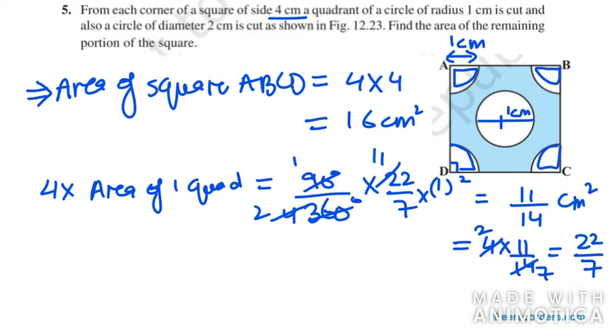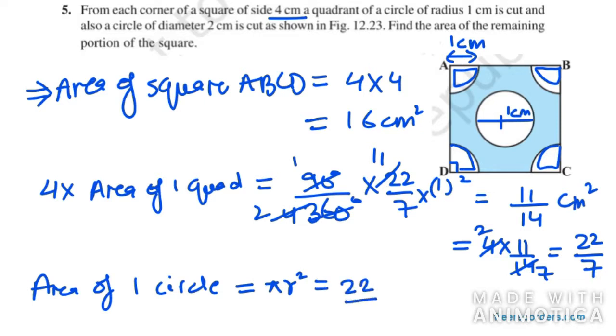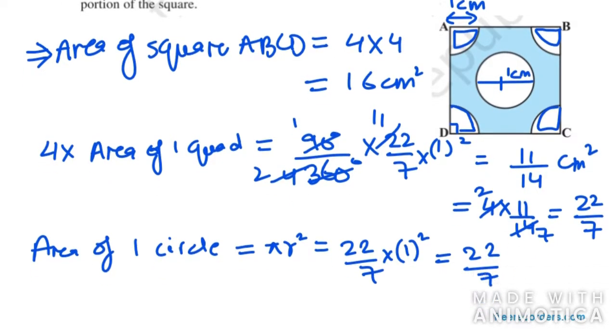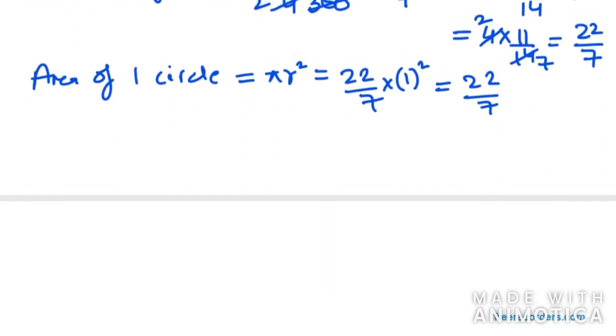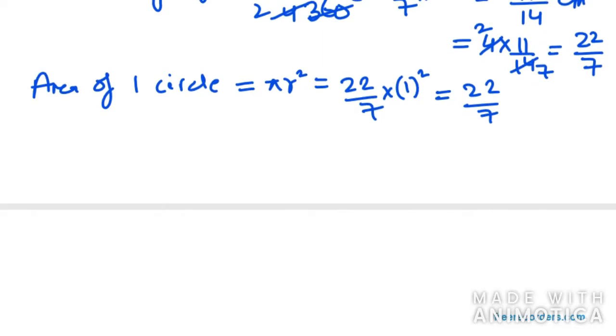Now we need to find the area of the circle which is in the middle. So the area of one circle is equal to pi r square. So 22 over 7, r is 1 square, 22 over 7. Now we need to take the area of square ABCD, take away the area of 4 quadrants and the circle.